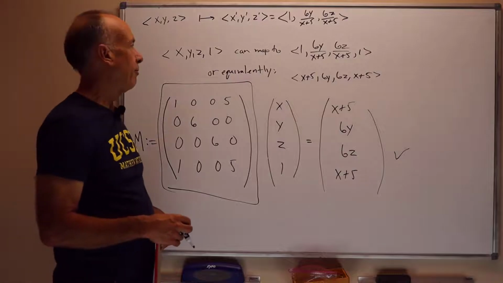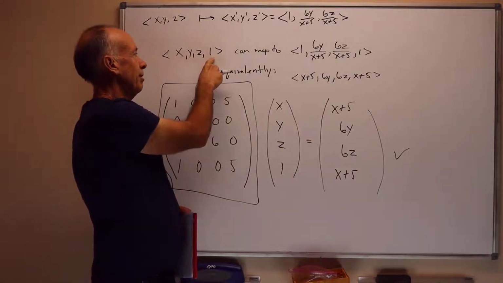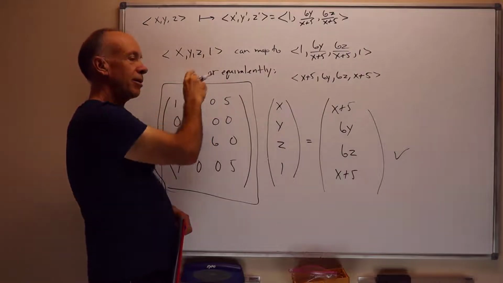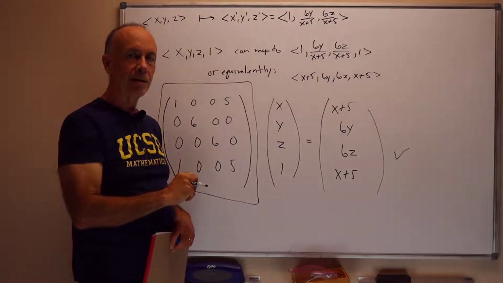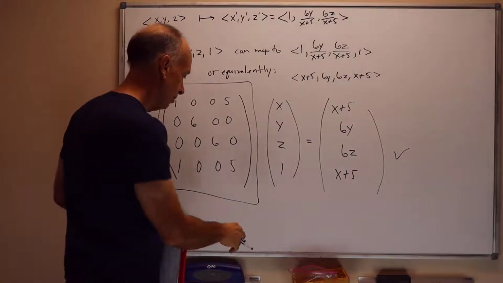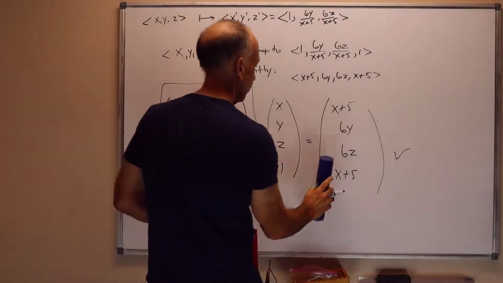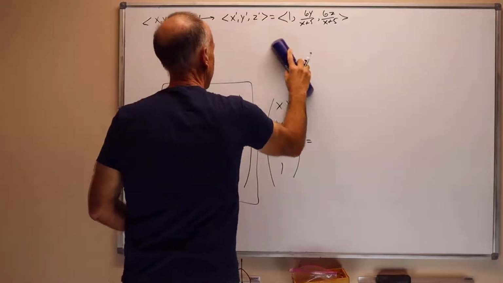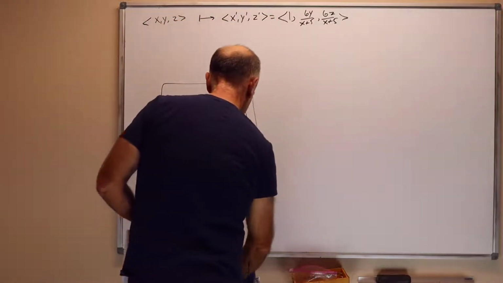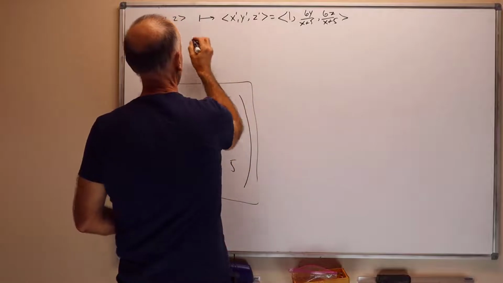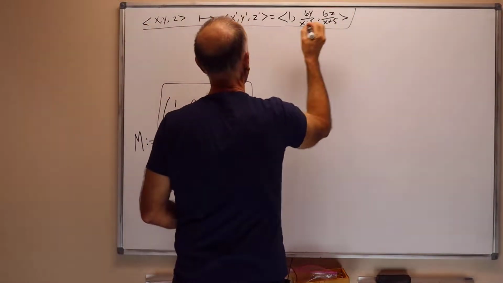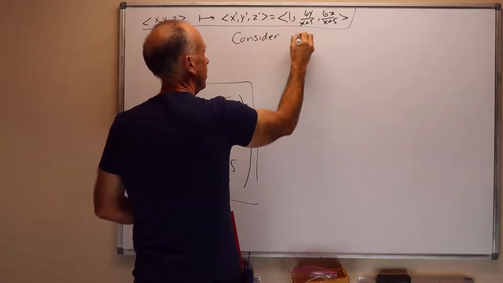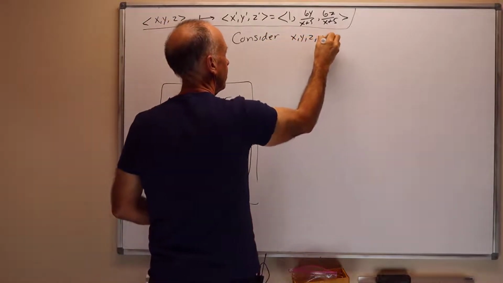So now you might worry, however, that we cheated a little bit by using 1 here, because we just showed the matrix M works when we have a 1 in the w component. What about the case where we just have a general value w? So let's work that out here. I'll leave M on the board so we can see it, but let's think about what should happen with x, y, z, w.